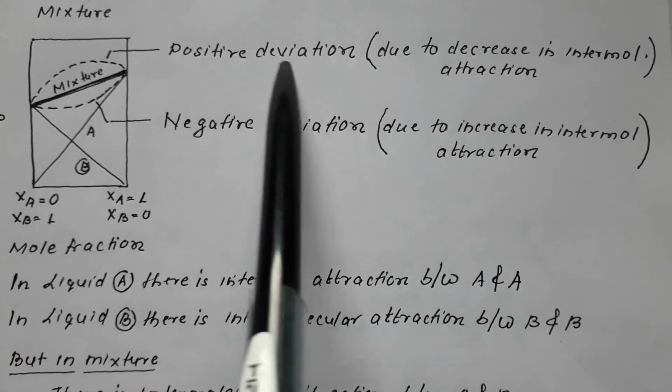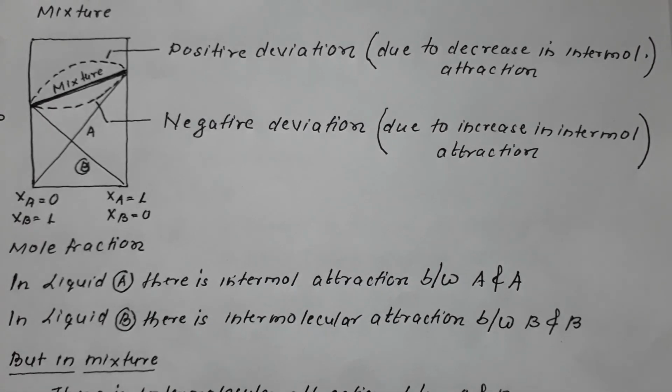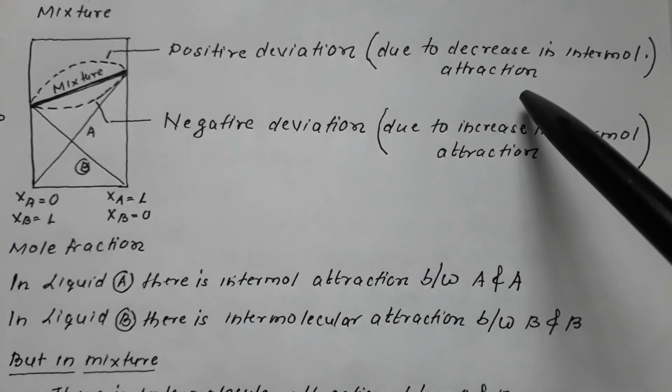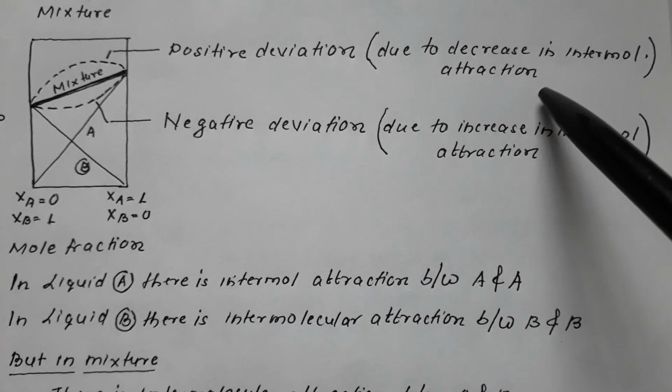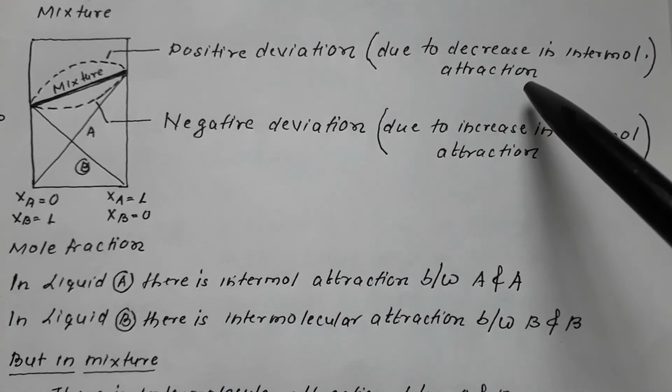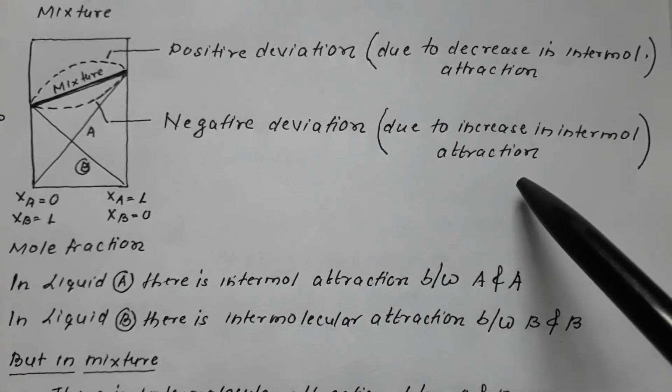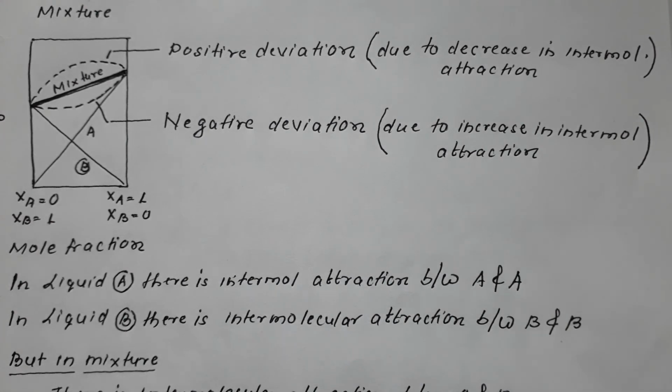And what is the reason for positive deviation? I didn't say earlier, now I can say that positive deviation is due to decrease in intermolecular attraction, whereas negative deviation is due to increase in intermolecular attraction.